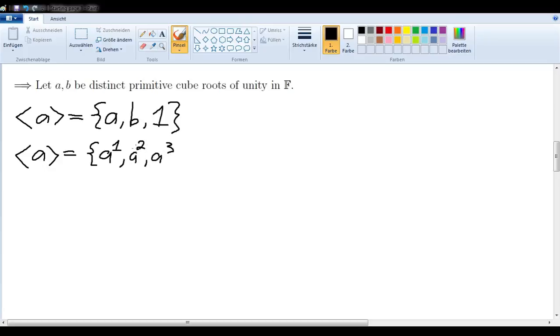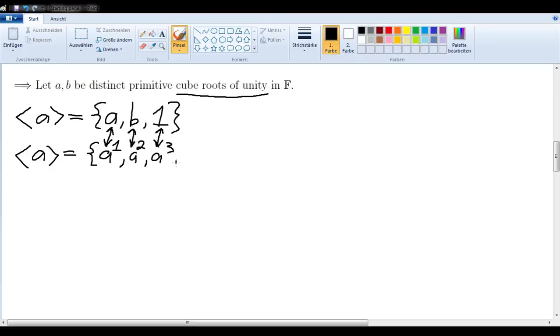And now what we want to know is which of these powers is the one creating B. So A to the first power is quite obviously the same as A. And A to the third power, since A is a cube root of unity, must be equal to 1. So A squared is the only one left over for B, right?